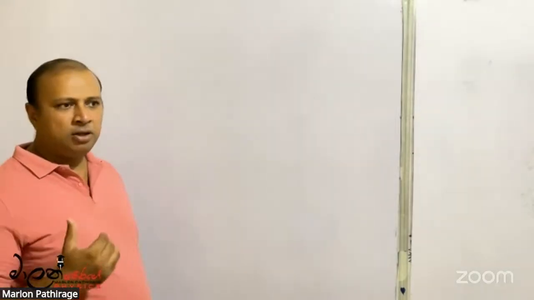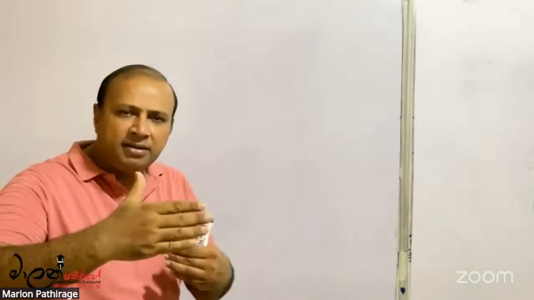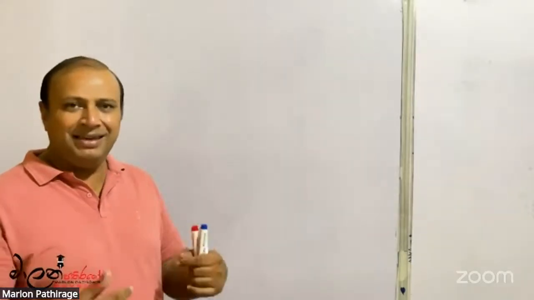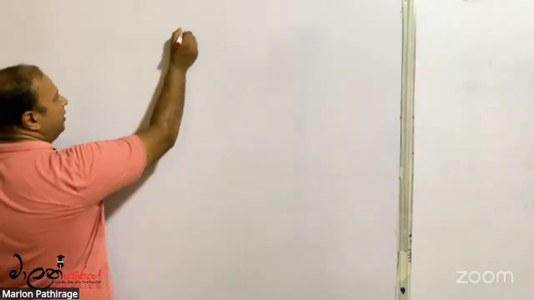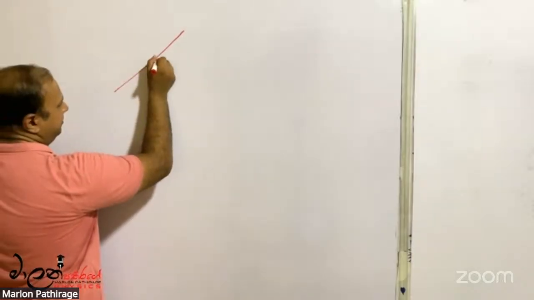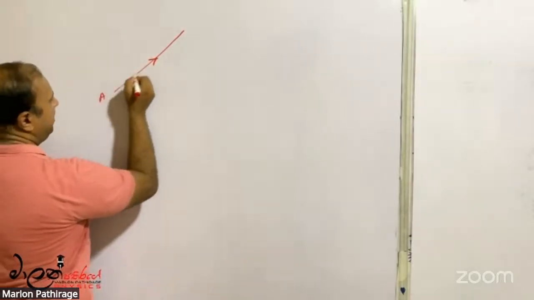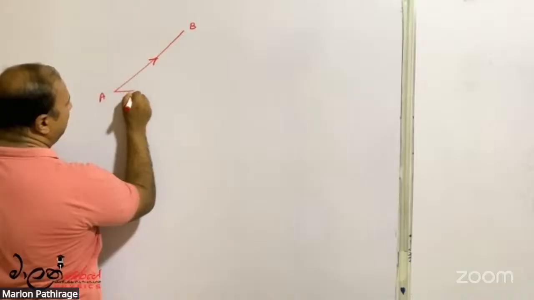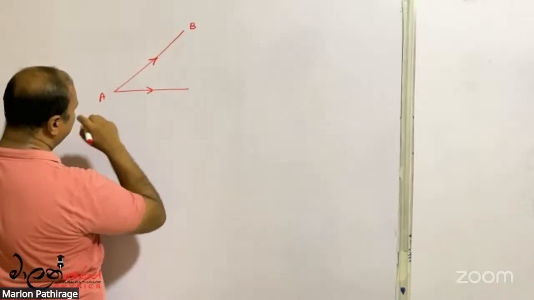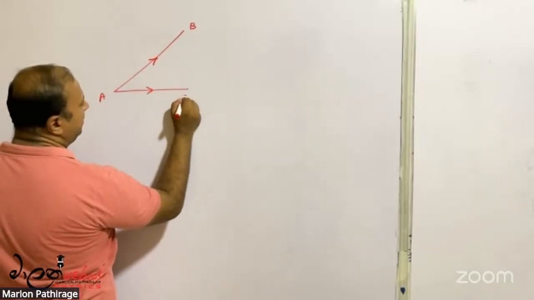Then the magnitude of that line segment is proportional to the magnitude of the vector. Suppose AB is a vector.